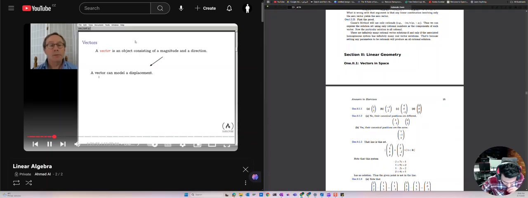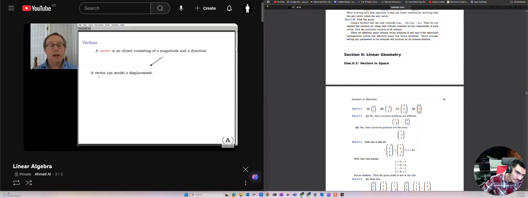And that's a displacement, and I've drawn that displacement as an arrow. The arrowhead, of course, points to where you end, and the beginning of the arrow points to where you started.